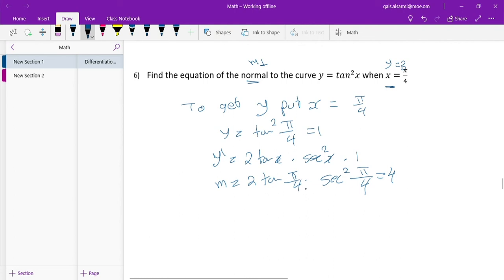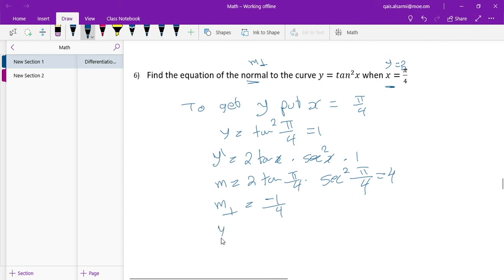There is no sec in your calculator, that's why you write 1 over cosine pi over 4, in a bracket, all to the power 2. Anyway, m equals 4. But here we're looking for m normal. Again, to get m normal, just negative flip. Instead of 4, it will be negative 1 over 4.